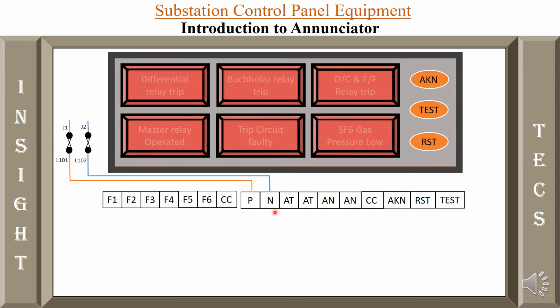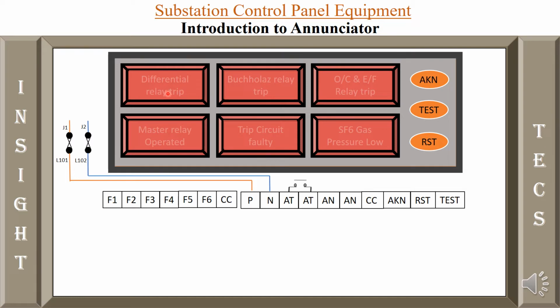Now, as we have discussed earlier, there are two contacts on the back side of this annunciator, a trip and a non-trip contact. Between this trip contact there is a contact which is normally open. It will be closed only whenever there is any tripping, say differential relay tripping or Buchholz relay tripping.